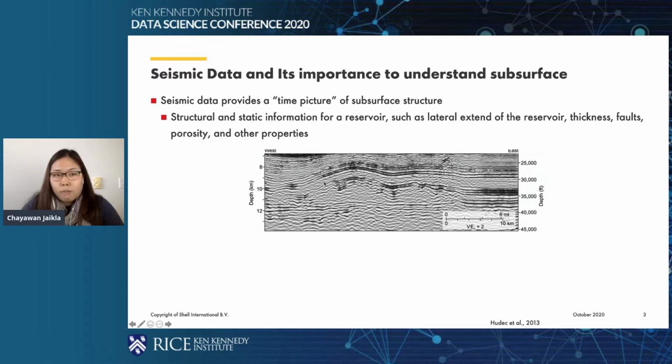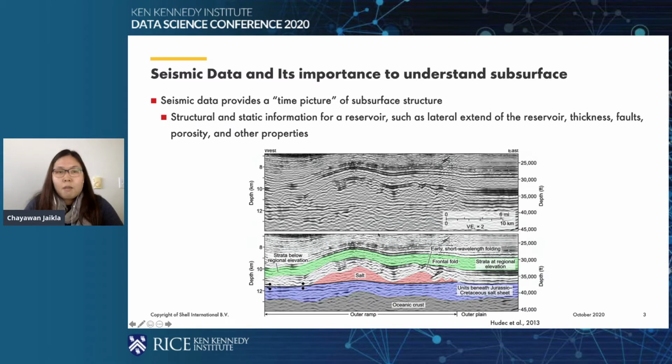We can see lines representing different rock formations because seismic reflections occur at boundaries of rocks with different physical properties. So geoscientists use seismic data to interpret structural and static information for the reservoir, such as lateral extension of the reservoir, thickness of the reservoir, faults, and porosity.